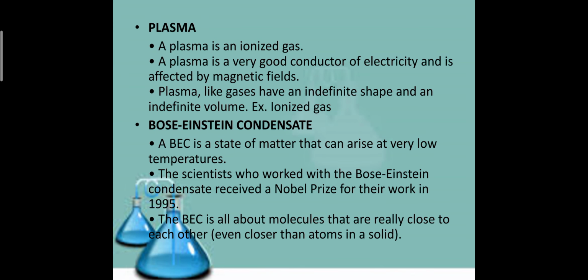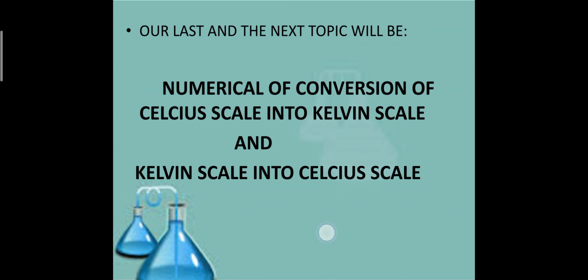Now, plasma and Bose-Einstein condensate are the more states of matter. Apart from solid, liquid and gas, we count the fourth and fifth states of matter as plasma and Bose-Einstein condensate. Now that was our chapter's topic.